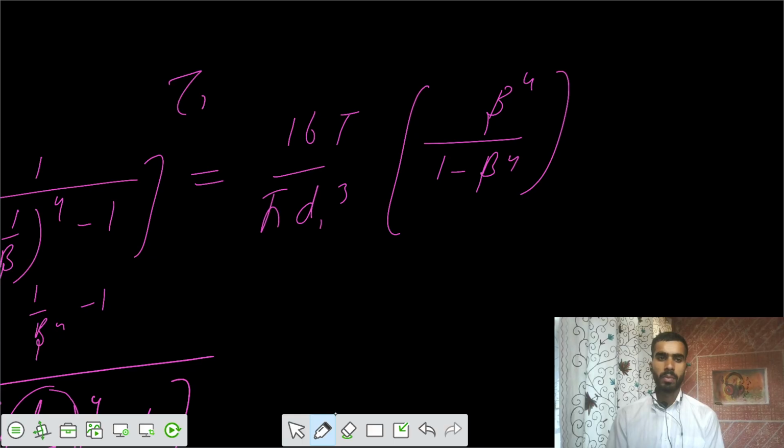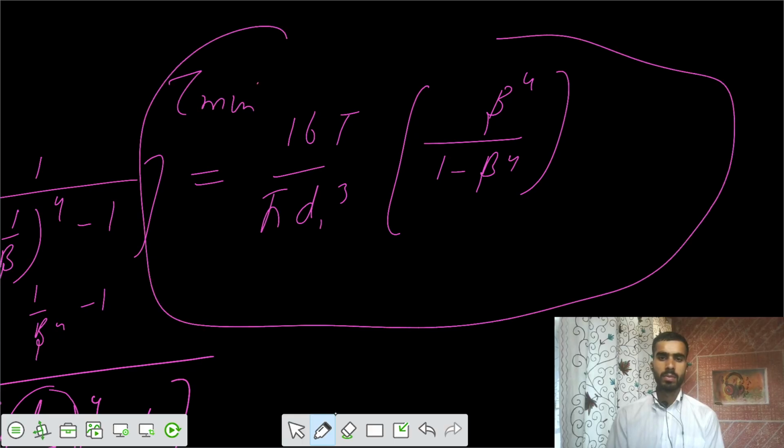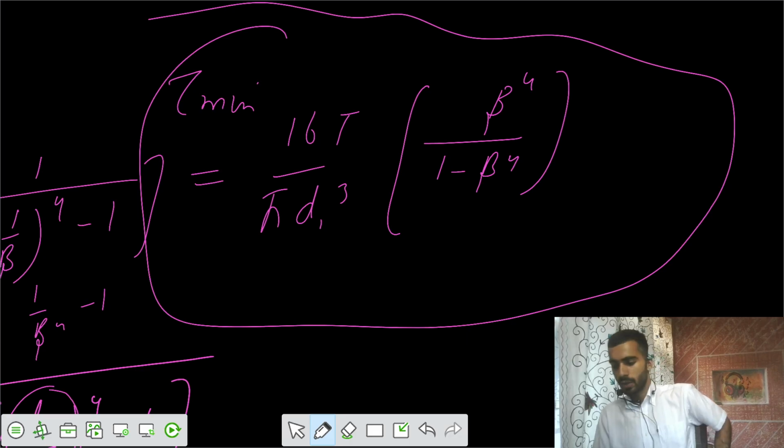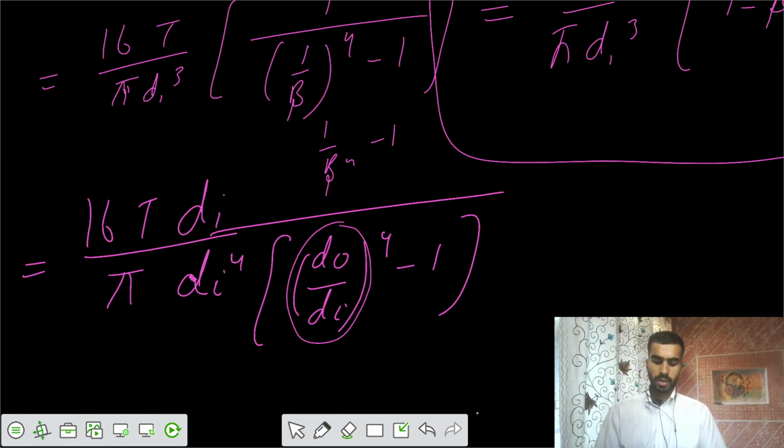That's your tau minimum: 16T by pi d cube, beta power 4, (1 minus beta power 4). Now let's take some problems on this concept.